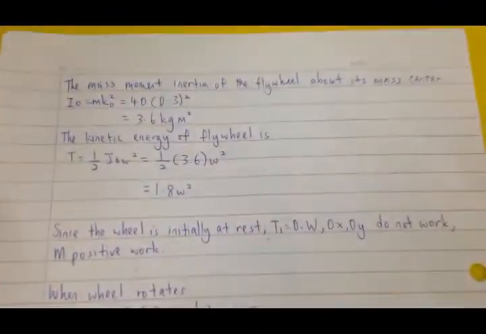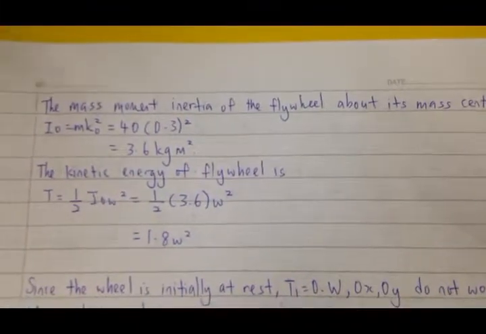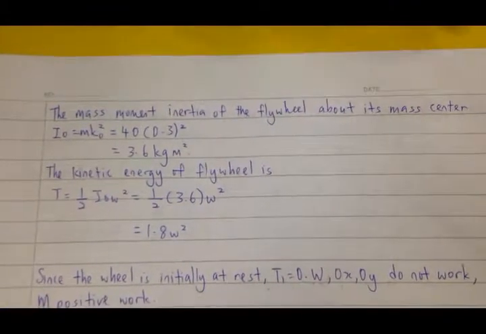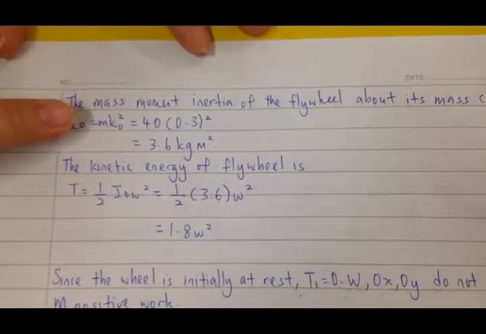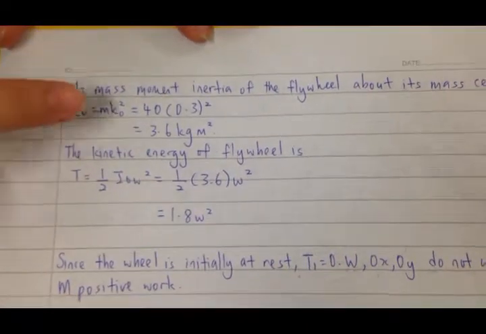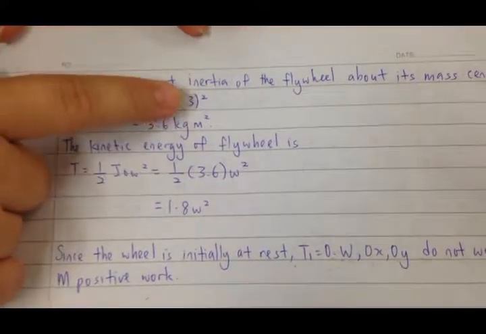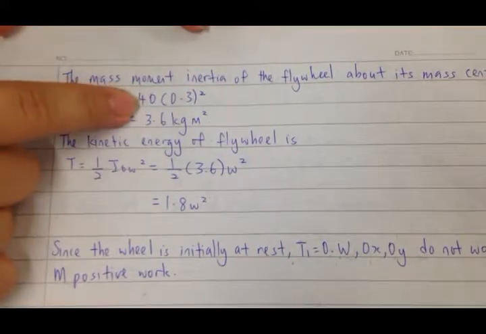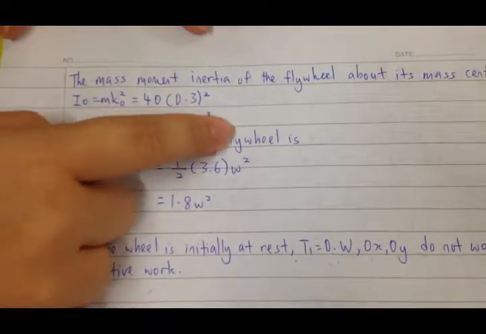First, if we want to find the mass moment of inertia of the flywheel about its mass center, we use the formula I naught equal to m k naught squared. For this question, the mass given is 40 kg and the radius given is 0.3. So we use 40 times 0.3 squared, and we get 3.6 kg m squared.